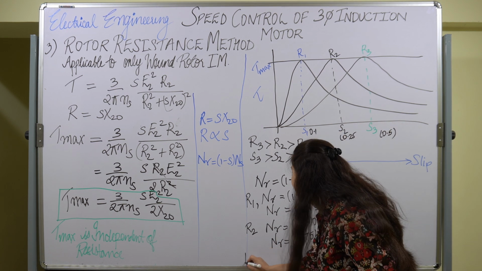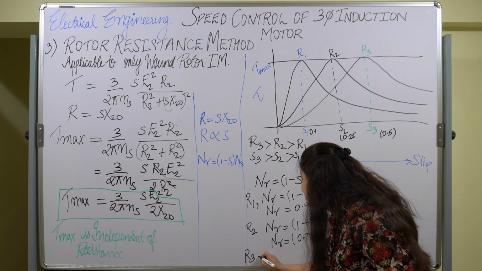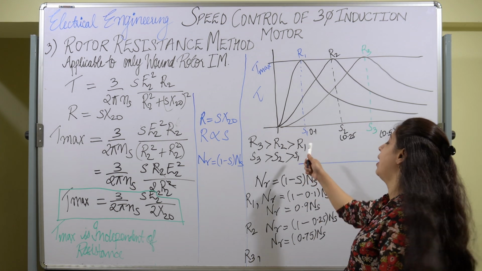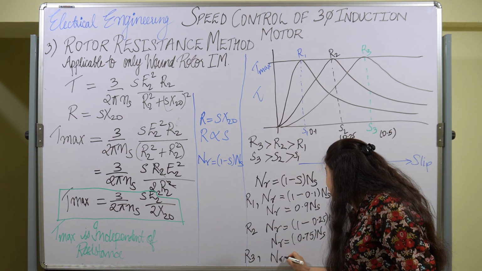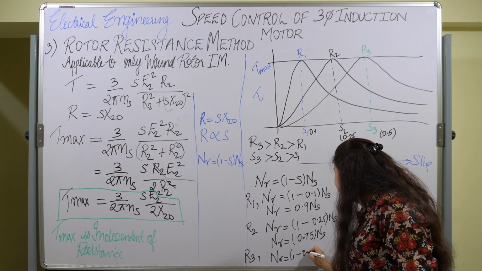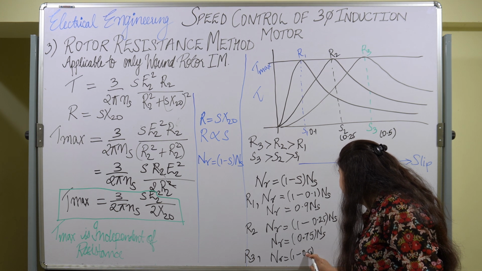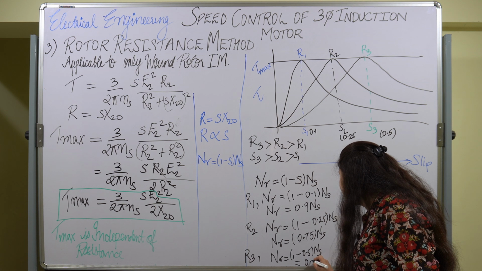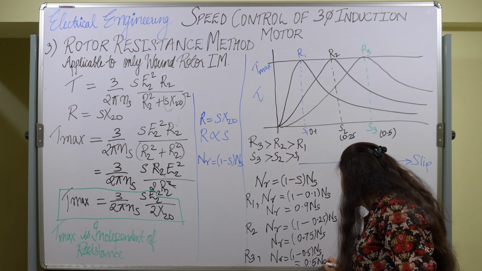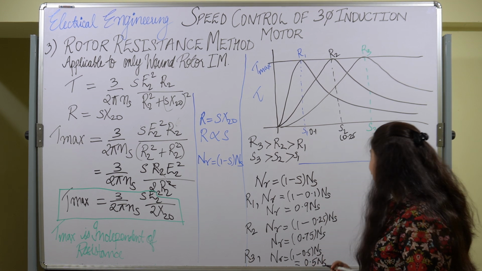And when I'm considering my resistance as R3, then my slip is 0.5. So my NR will be equal to (1 minus 0.5) into NS, which will be equal to 0.5 NS.